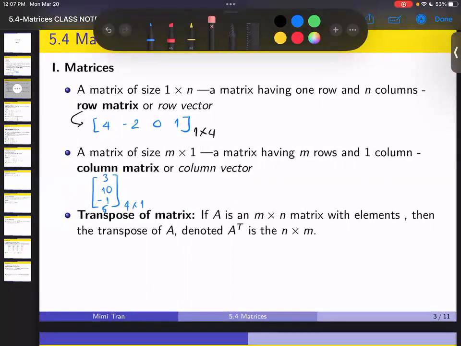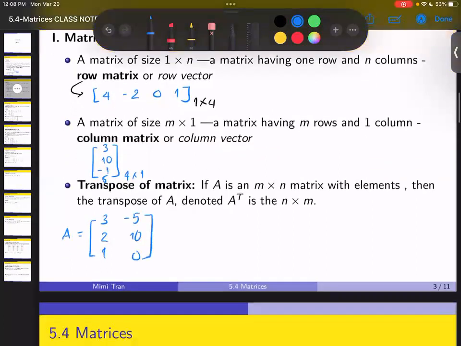A transpose matrix. If I give you a matrix A, say 3, 2, 1, -5, 10, 0, like that. So that's matrix A. If I want to compute A transpose, denoted A with a capital T, T stands for transpose.